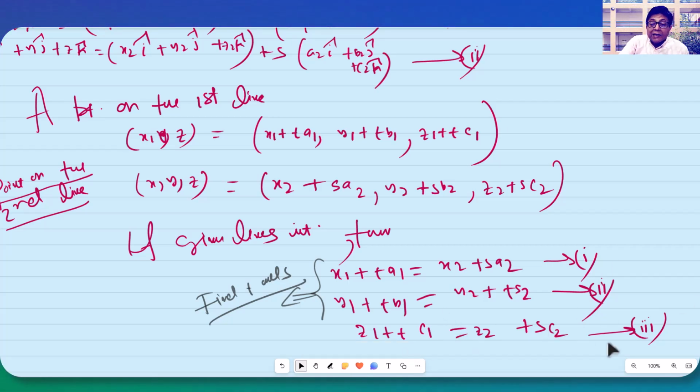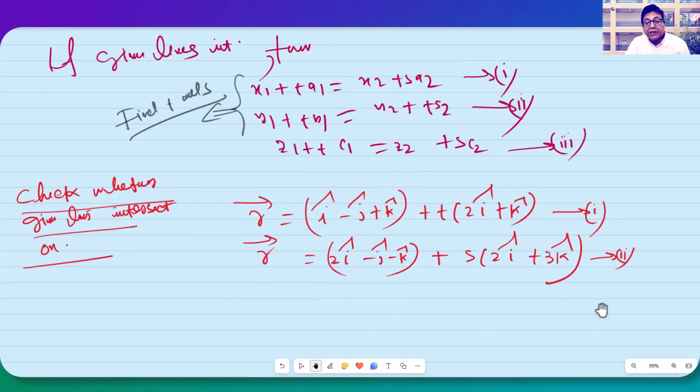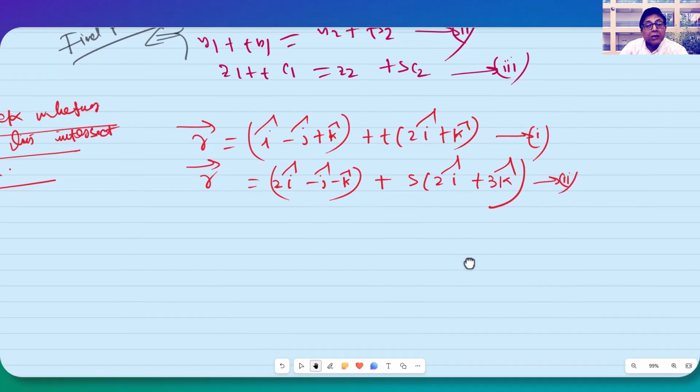If LHS is equal to RHS, then the lines are going to intersect. Okay? You need to check whether these two lines intersect or not. They are given in vector form. The method I have already explained. How to find their point of intersection if they intersect, that also you have to do always.